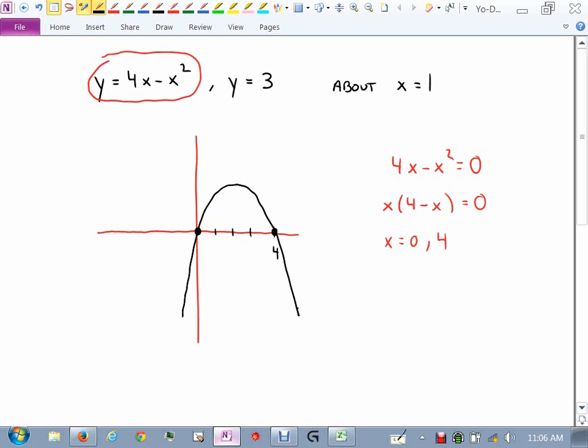And then I have y equals 3. That's up on the y-axis, 1, 2, 3. I'm going to assume it's going to be somewhere in here, like this. That's y equals 3. This one is y equals 4x minus x squared.